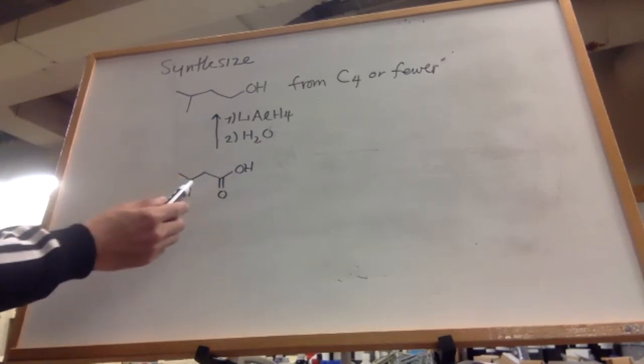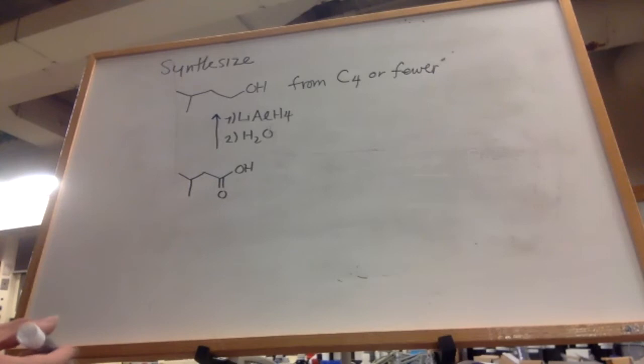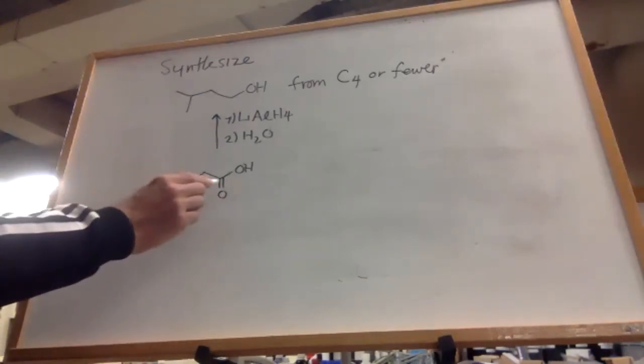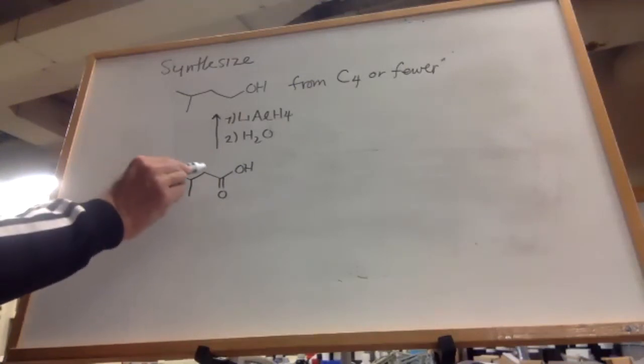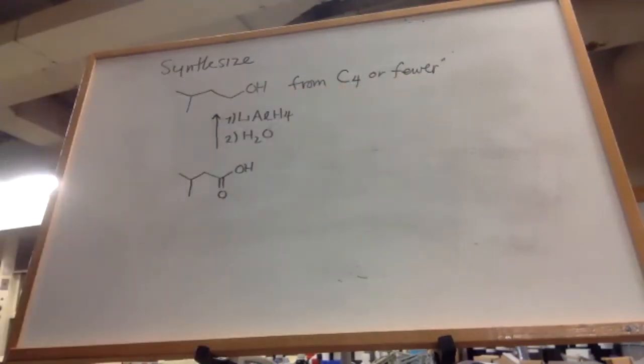Okay, and so now this becomes our new target in our retrosynthetic plan. And so how many carbons in this guy here? 1, 2, 3, 4, 5. It's too big because our restriction is that our starting materials must have 4 or fewer carbon atoms. Okay, now is this restriction just something that you would see on a test? Not at all. Because it turns out that the more carbons a compound has, the more expensive it is.